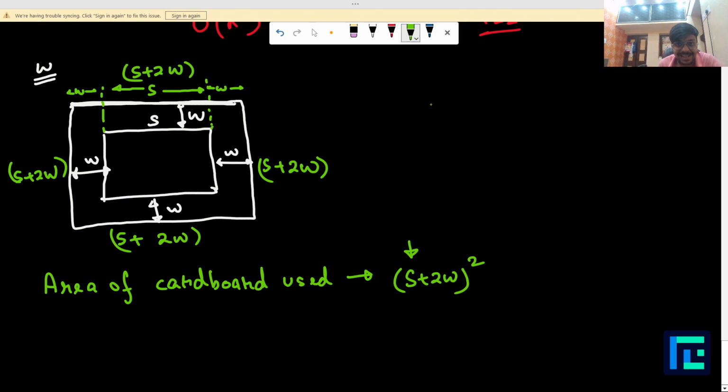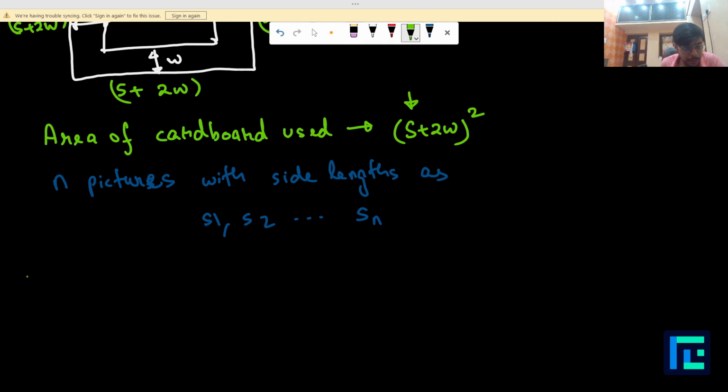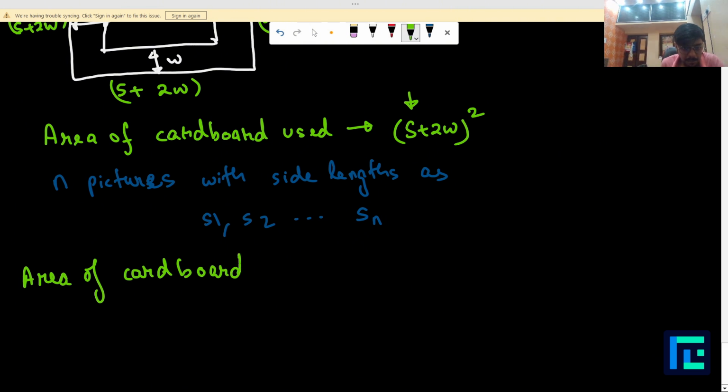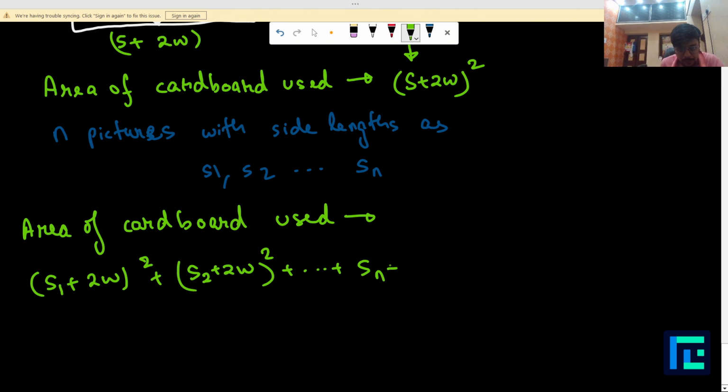If this is understood, then can I say that if I have n pictures with side lengths as S1, S2 up till Sn, then the area of cardboard used, if I am assuming the width as W, is nothing but (S1 plus 2W) square plus (S2 plus 2W) square plus up till (Sn plus 2W) square.